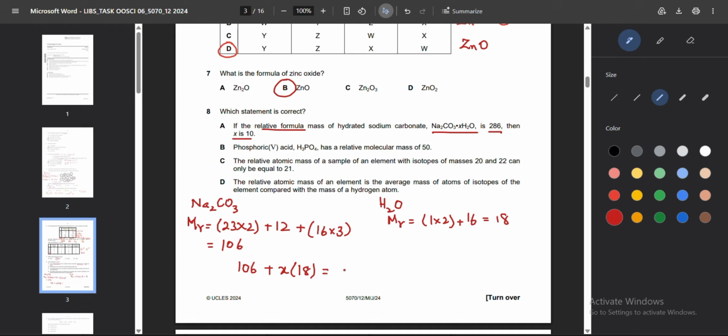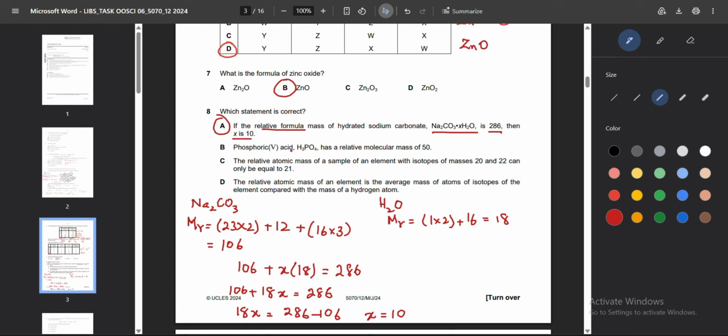It should be equal to 286. If you solve it, it will be 106 plus 18x, this is equal to 286. Now if you calculate it, the value of X would be 286 minus 106, so the answer would be 180 divided by 18, and the value of X would be equal to 10. So that makes this the correct one.